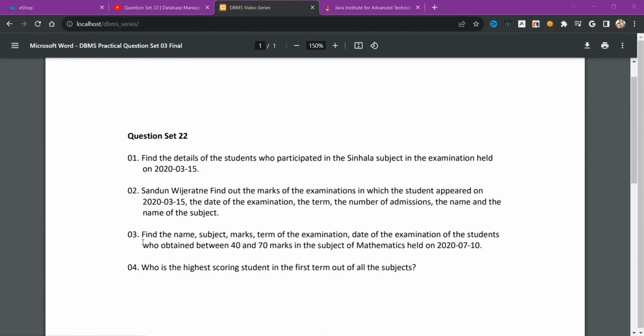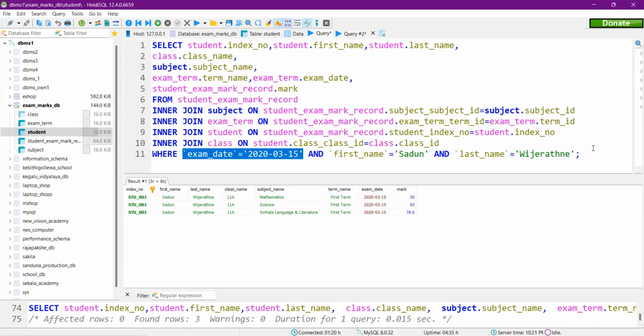According to this question, they've asked us to find the details of the students who took marks between 40 and 70 in the mathematics subject, and they have given the examination date as 2020 July 10th. So let's write the query for the third question.